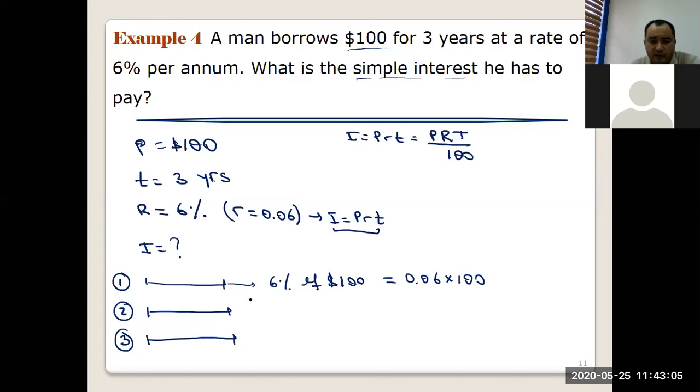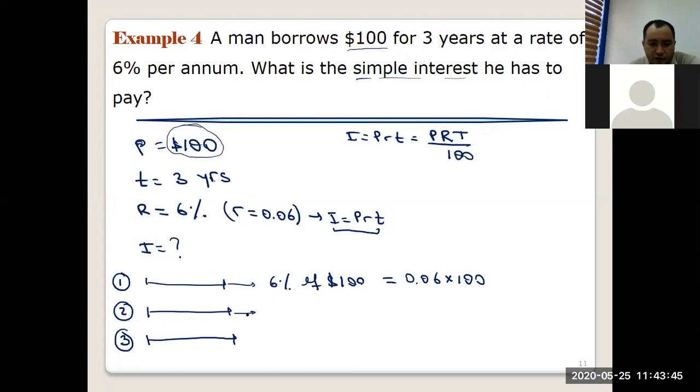Now the second year starts. But in the second year, the bank is not calculating on 100 plus the interest. It's again calculating based on the original principal. That's why we call this simple interest. Now you're using this $100 again. What you borrow from the bank is $100. At the end of the second year, the banker sits in front of the computer and opens your account.